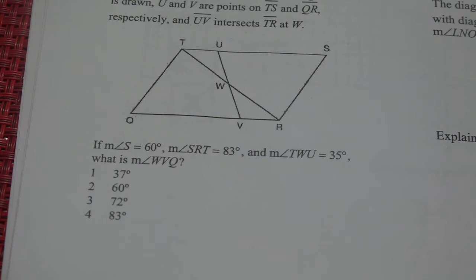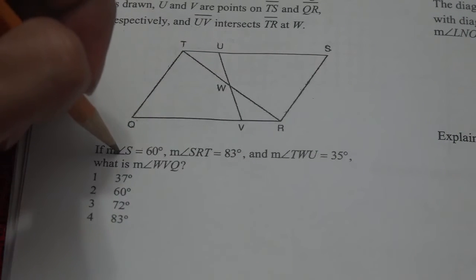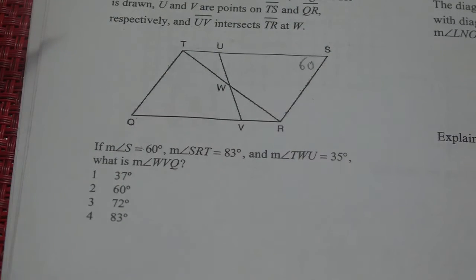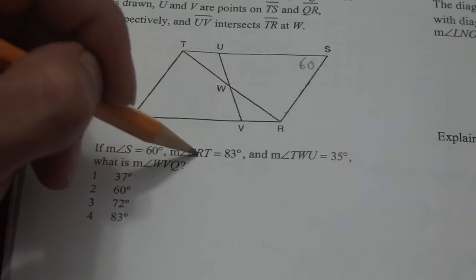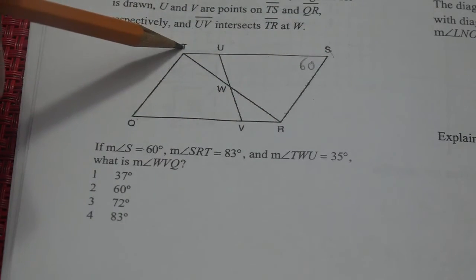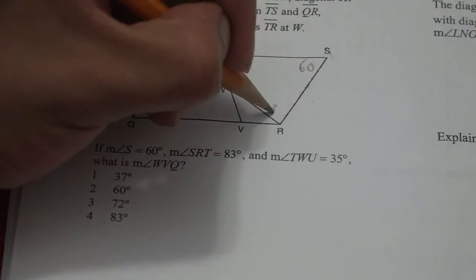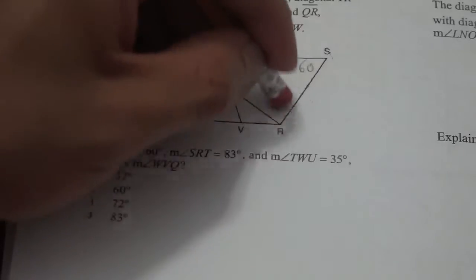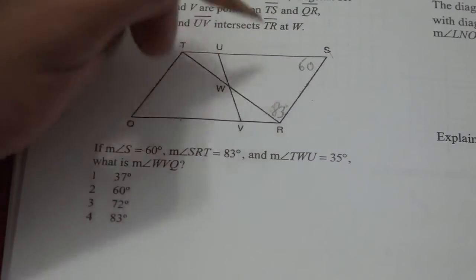Now, mathematics. The measure of angle S is 60. This angle is 60. Okay. Angle SRT, this angle is 35 degrees. No. I almost made a mistake.